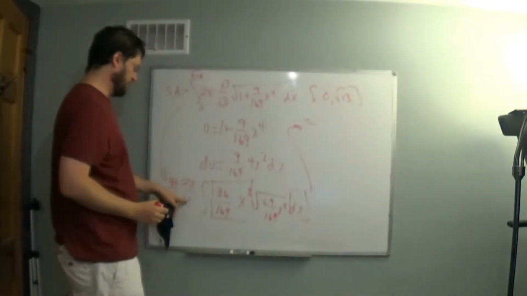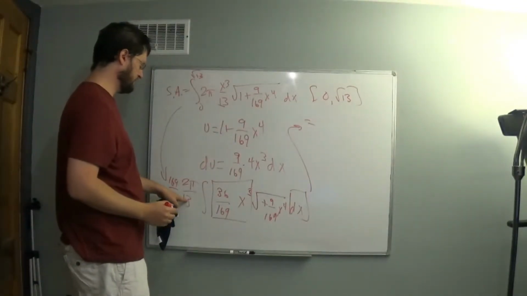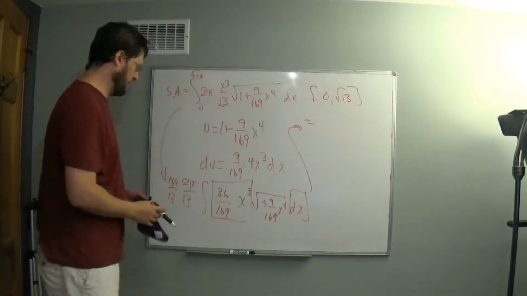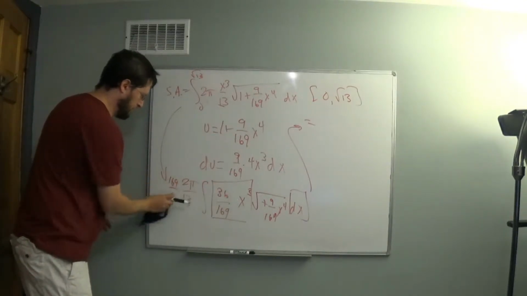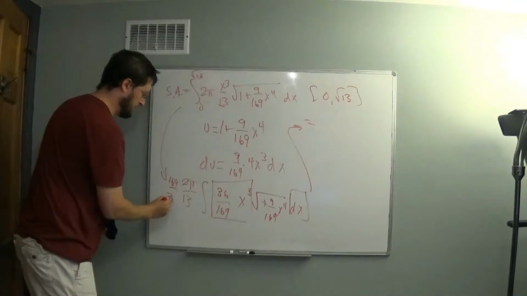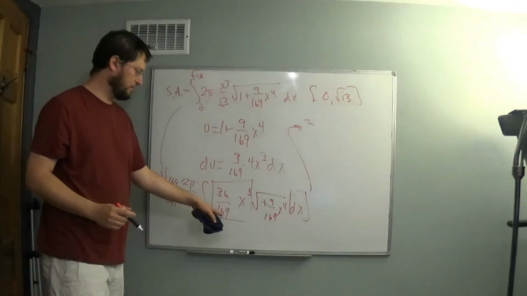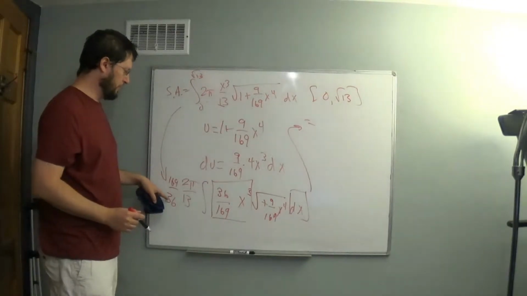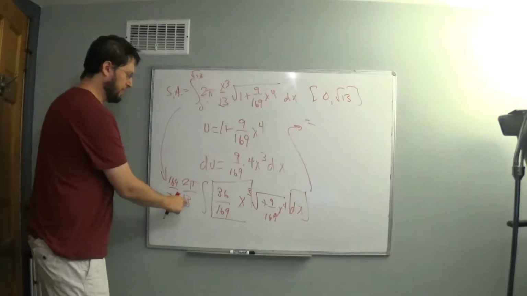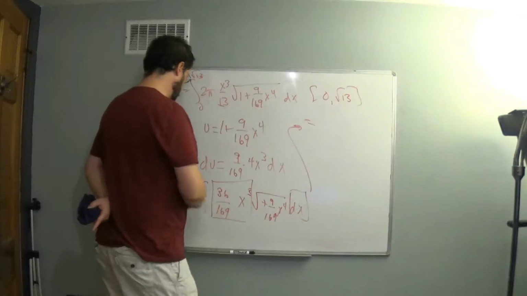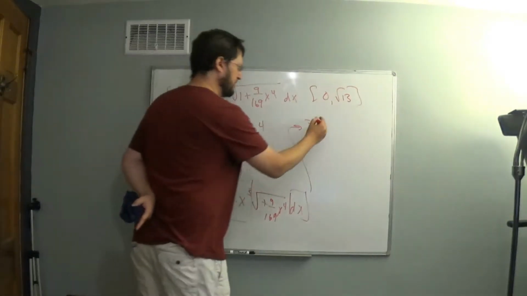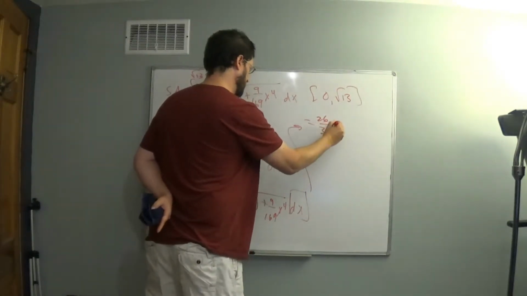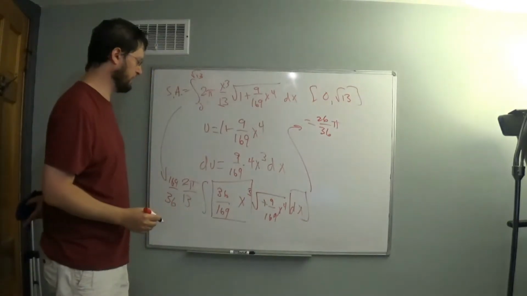Sorry, that should not be 13, that should be a 36 right there. We put in a 36 over 169, and we need to take it out by taking 169 over 36. But 169 over 13 is 13, so this is 13 times 2, which is 26 over 36 pi. That's what the outside looks like.